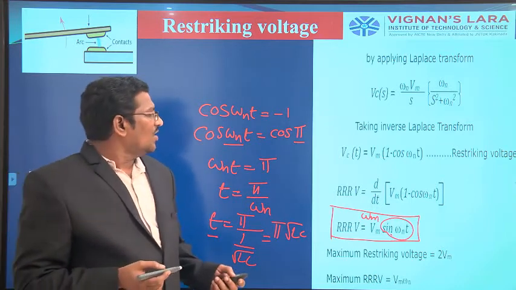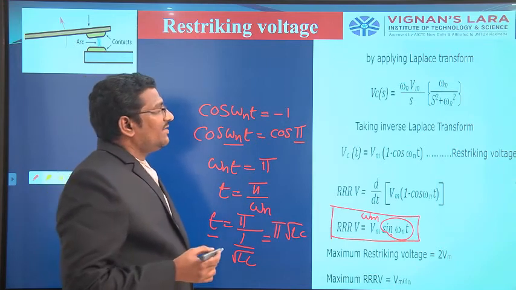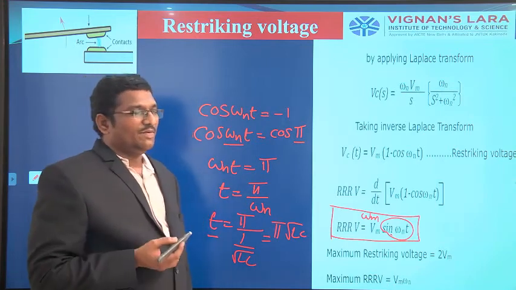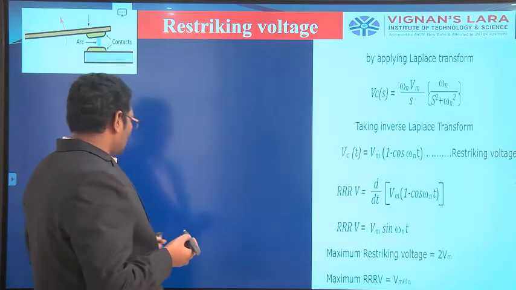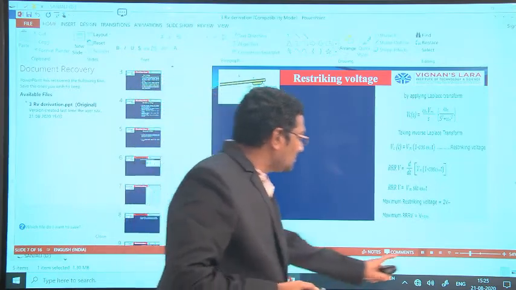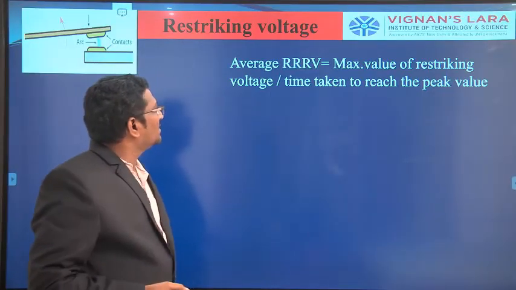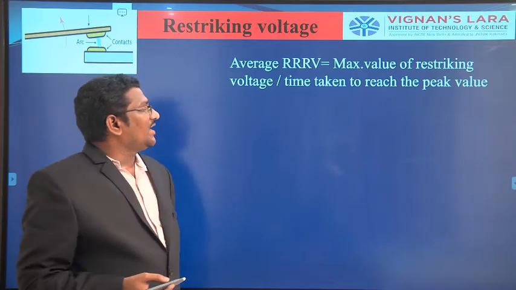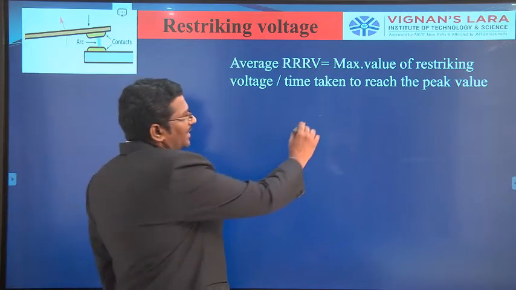Now the next important parameter is the average RRRV. These parameters are also very important in circuit breakers. Let me explain. The definition of the average rate of rise of restriking voltage: average RRRV is equal to the maximum value of restriking voltage divided by the time taken to reach the peak value.